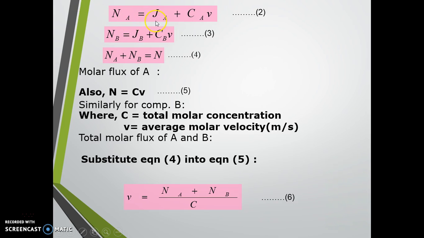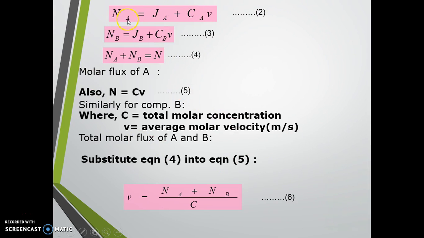NA equals JA plus CA V. Why can we add these two terms? It's because the unit is the same. If you multiply the concentration unit with the velocity, it also results in the unit for flux. And why do we need to add this term? Because we want the average velocity in bulk motion.